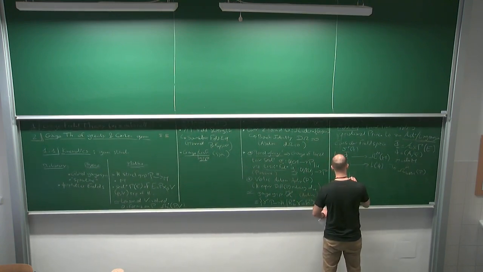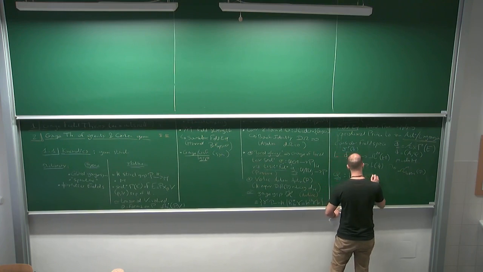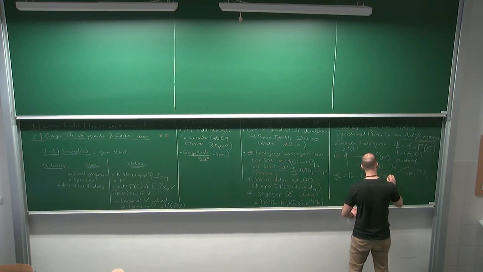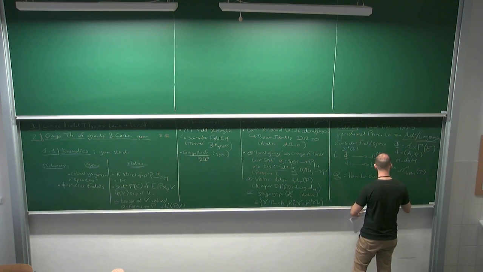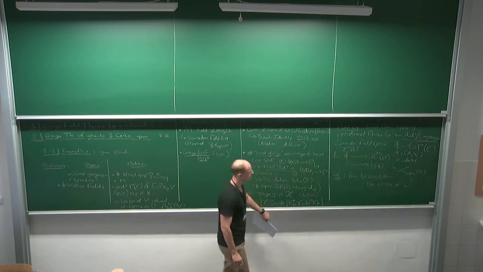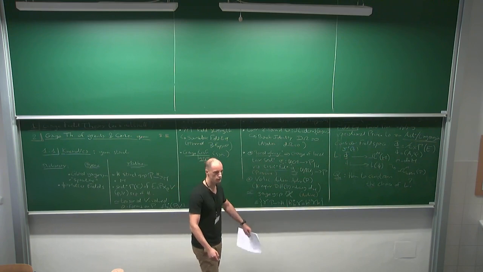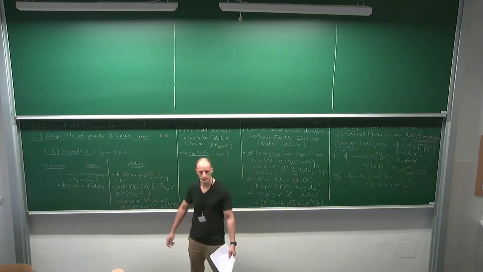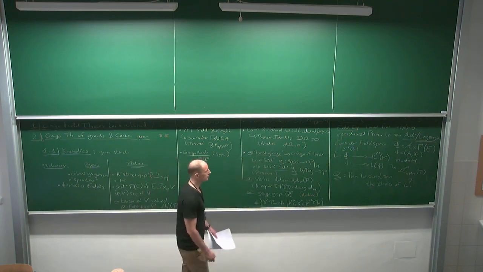Question: how to constrain the choice of L. Right? That's the big issue. You know, how to be a clever physicist is how to find a nicely constrained Lagrangian.